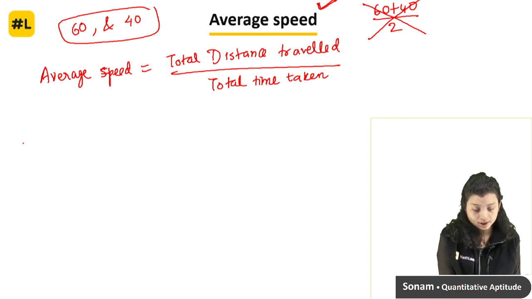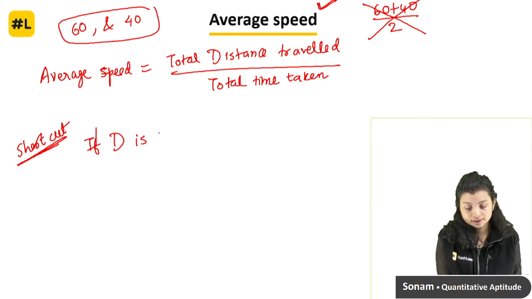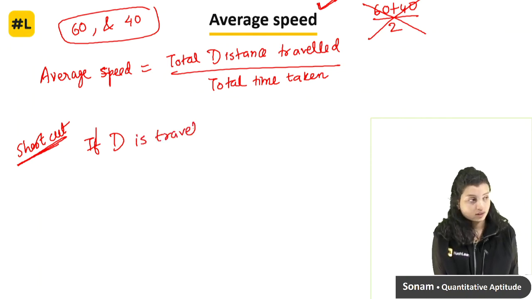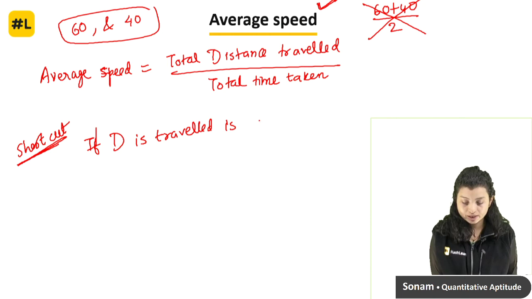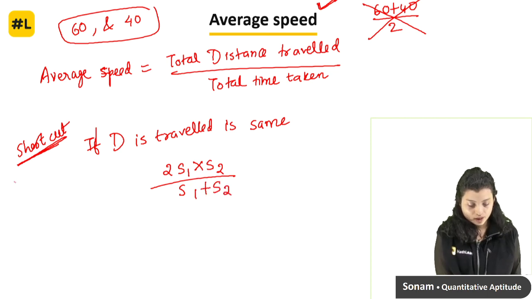Now I'll tell you the shortcut. If the distance traveled is the same, you can use the direct shortcut formula, that is 2 into S1 into S2 divided by S1 plus S2, where S1 and S2 are the given speeds.